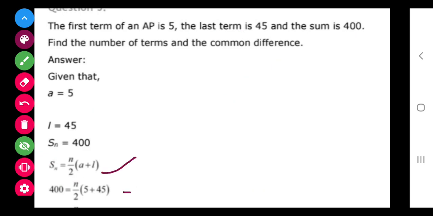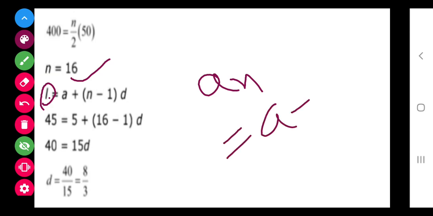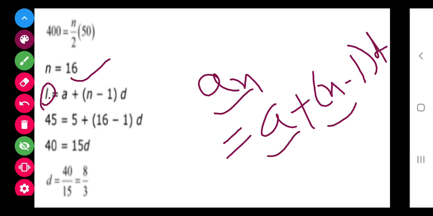Now on substituting and solving, what are we getting? We are getting n is equal to 16. Now applying the an formula, an is equal to a plus n minus 1 d. Here we know an, a we know, n we know.